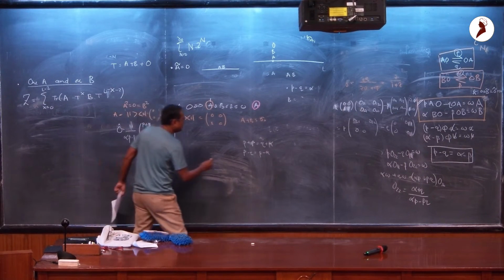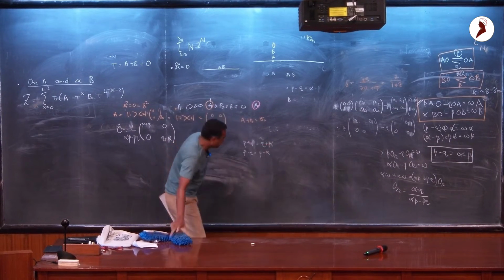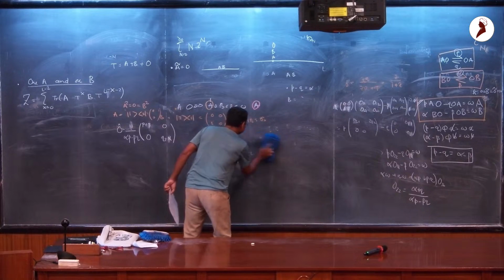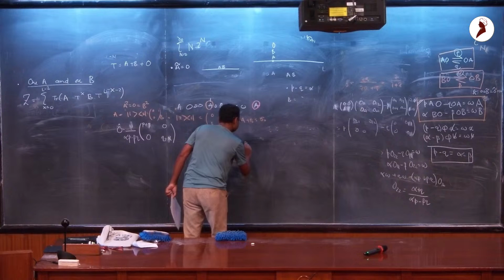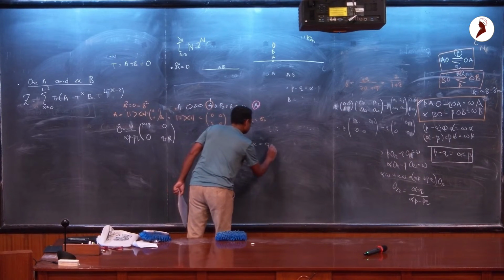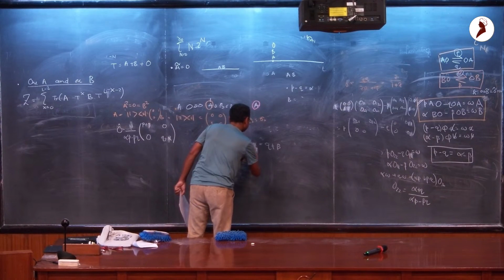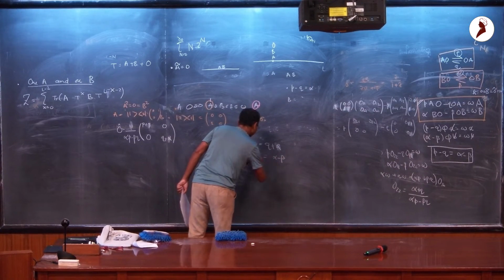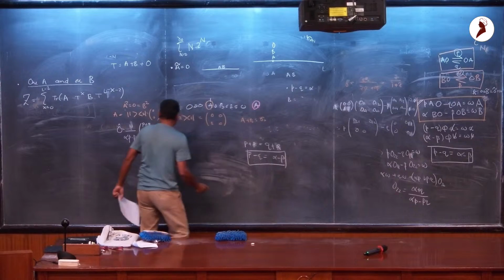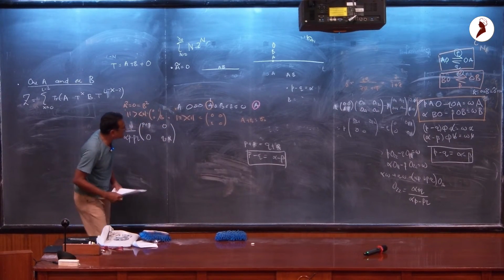So then that will be p minus q. Let me write it again. So p plus beta, q plus alpha. So p minus q equal to alpha minus beta. So this is the condition, p plus beta equal to q plus alpha.